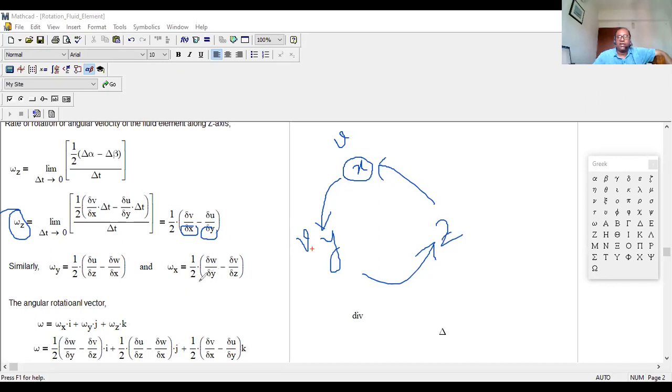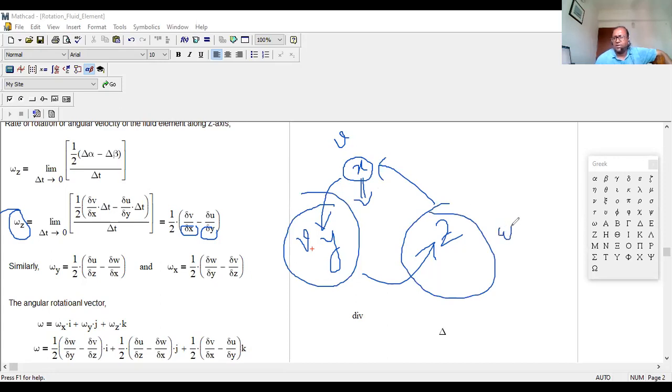Similarly, if you are taking rotation about x, then you have to consider this y and this z. Velocity w along z axis. So you take the formula half, that means you are taking the average. You are going from x axis, right? So after x you get y, so you take del y.